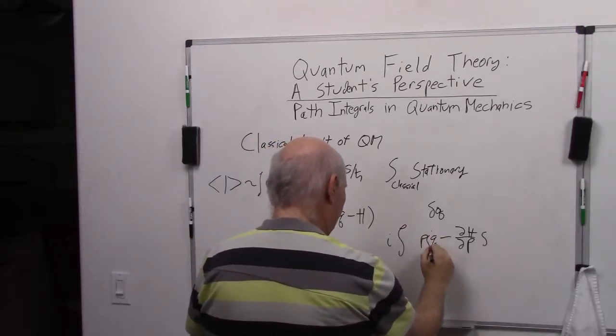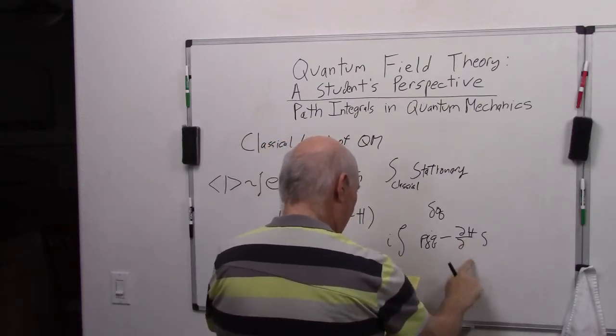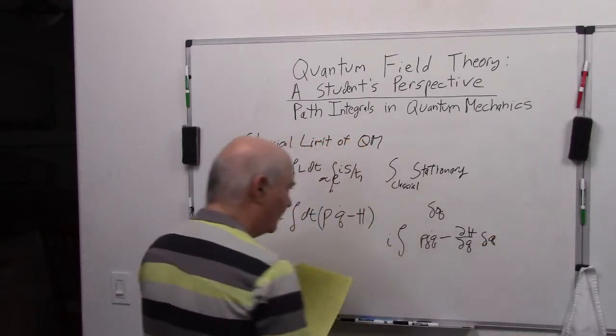So it's p delta q dot minus the partial of h with respect to q times delta q. That's the variation.